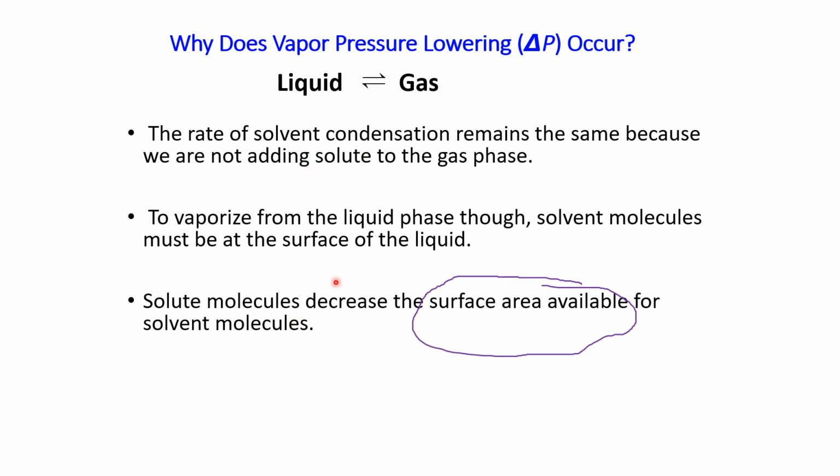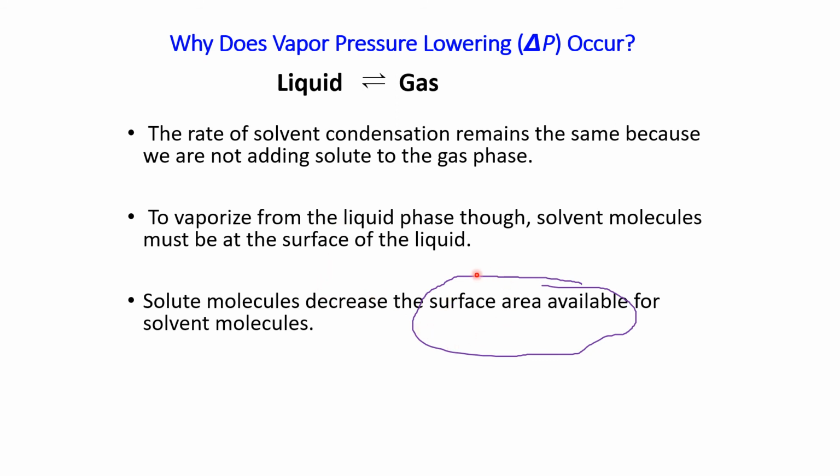So you have solute molecules in the solution. They are interfering with the surface of the liquid. They're keeping stuff from going from the liquid phase, this top arrow, to the gas phase because they're occupying some of the space where that interface is taking place. But the gas one is not having that problem because as soon as it hits the surface, even if it's one of those other solute molecules, that's fine. It's becoming part of the liquid phase.